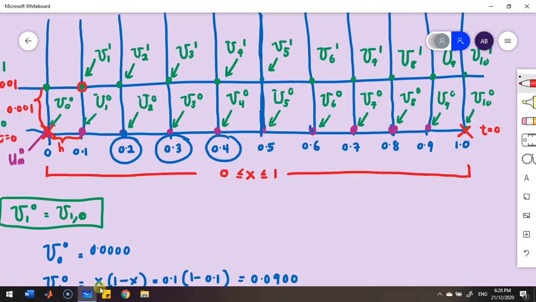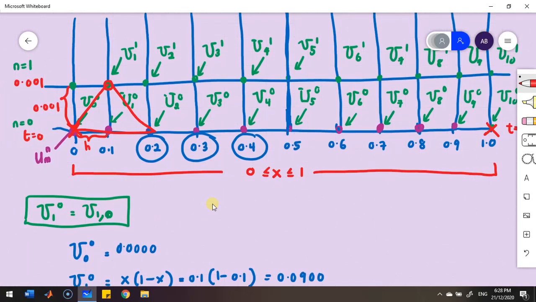I can use the explicit 3-point formula that I've obtained. But before we do that, let's look at the value for this one. Can I use that? Yes, it is given.